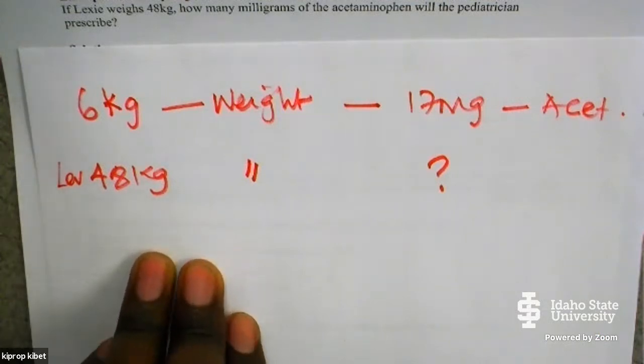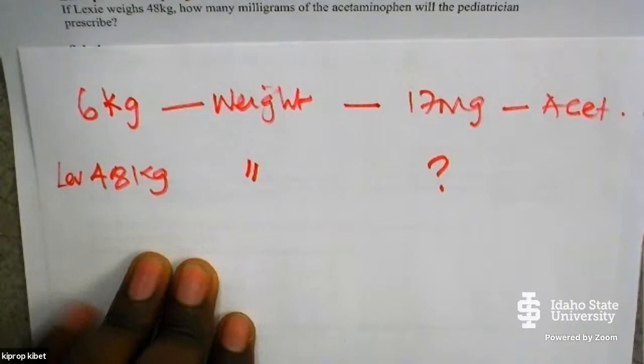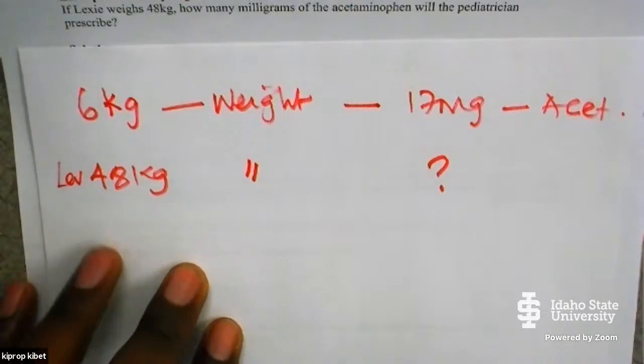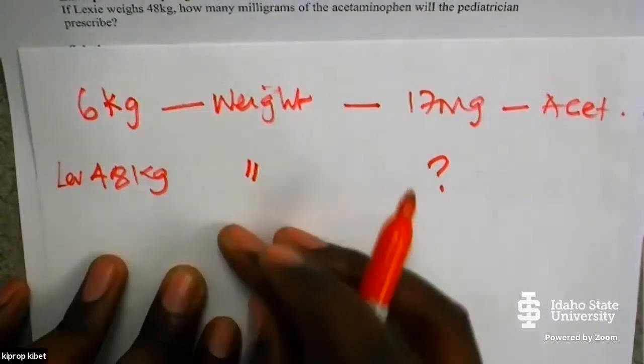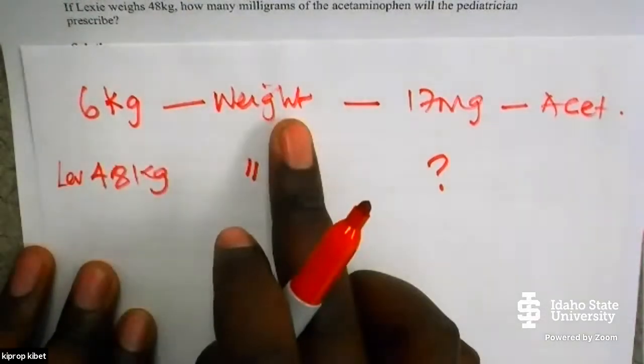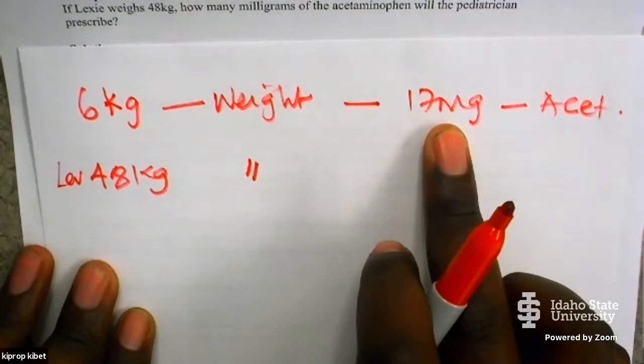So here we use the proportion. As I said, the units in the numerator should match the units in the denominator. For every 6 kg, we have 17 mg.